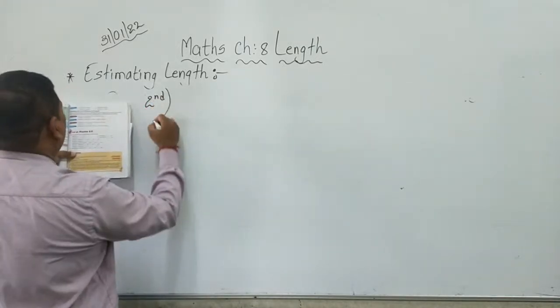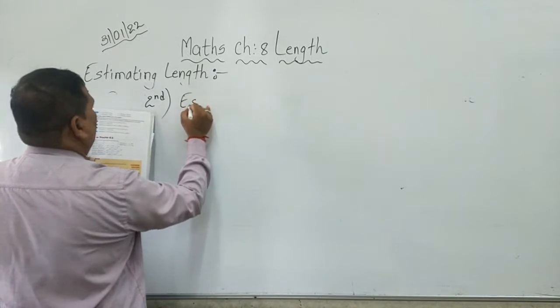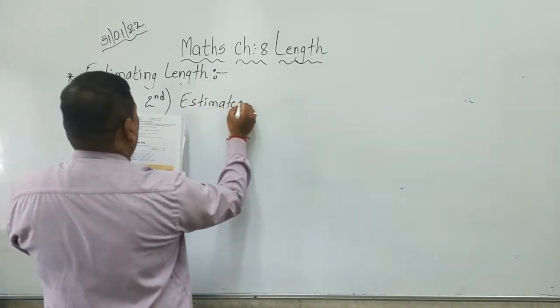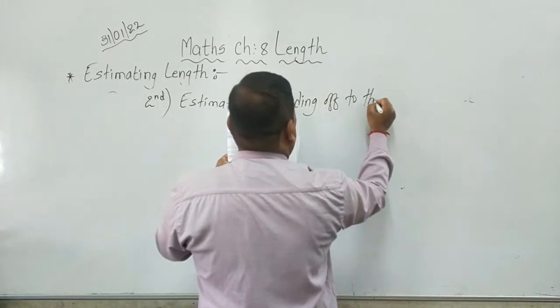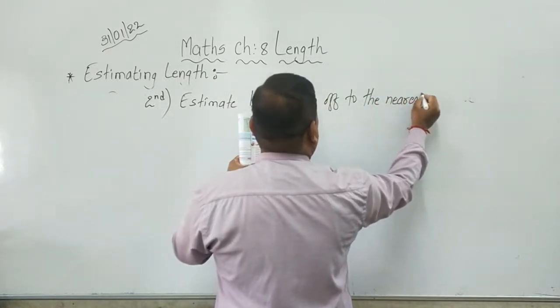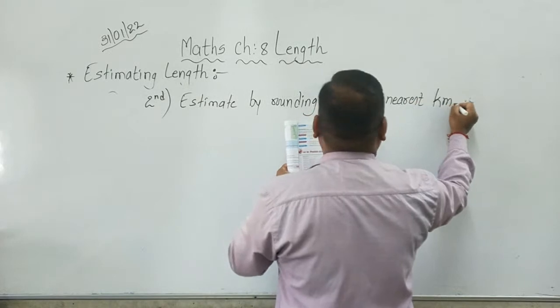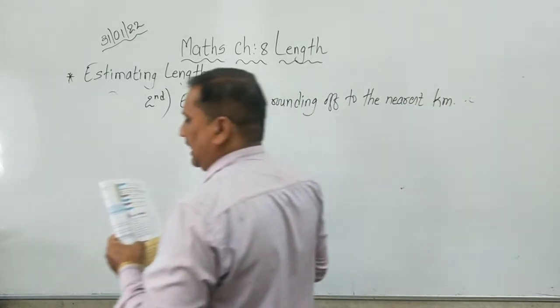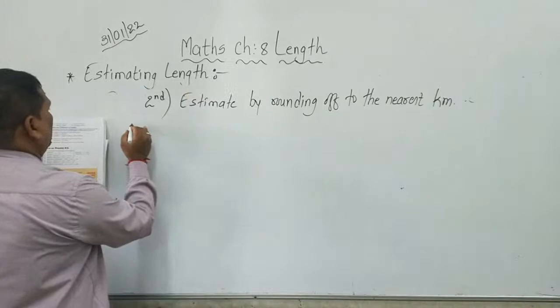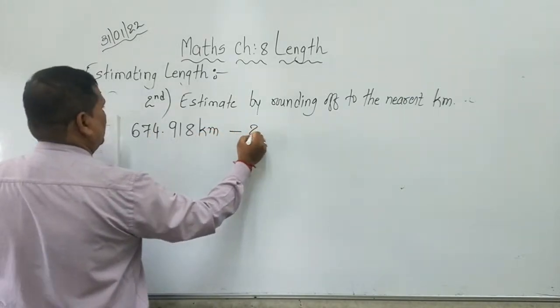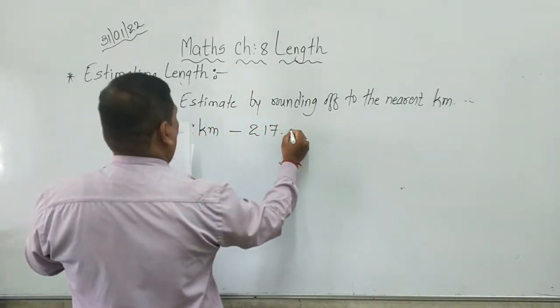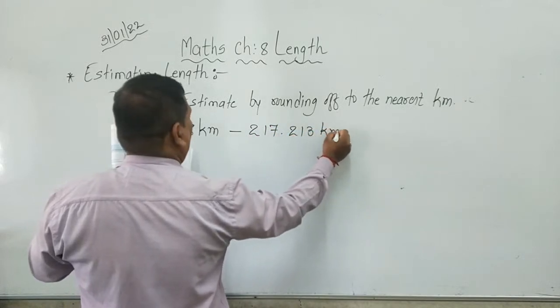Second one. Rounding off to the nearest kilometer: 675.9 kilometer minus 217.213 kilometer.